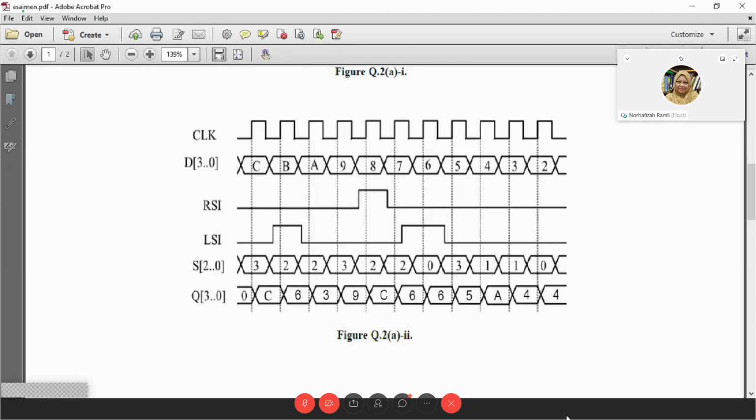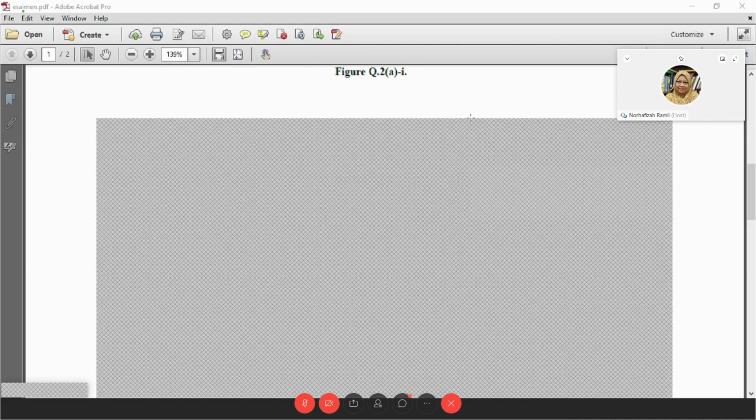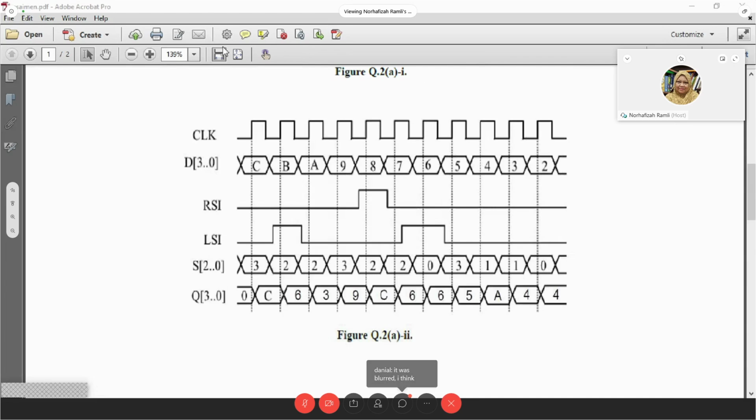Let me check. This is my marking scheme. Okay, this is for the one before. Is it the same? We cannot see the answer. I put it on top of yours. Okay, let me see, there's annotation.